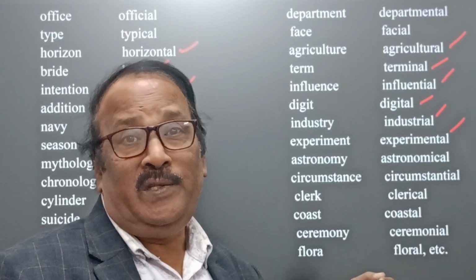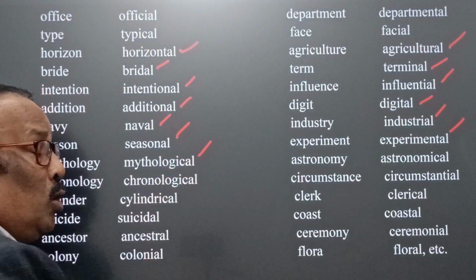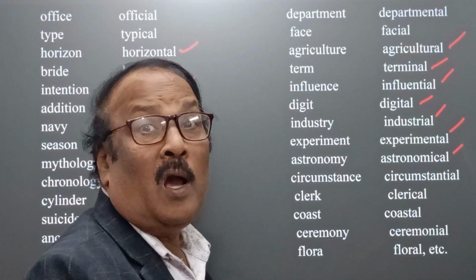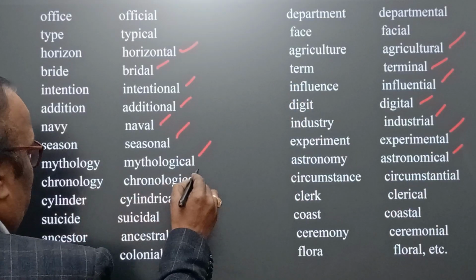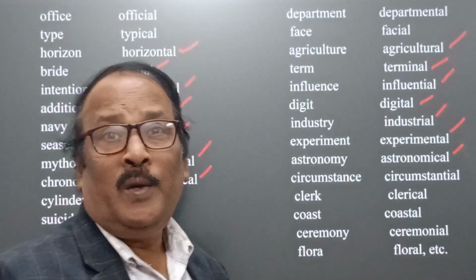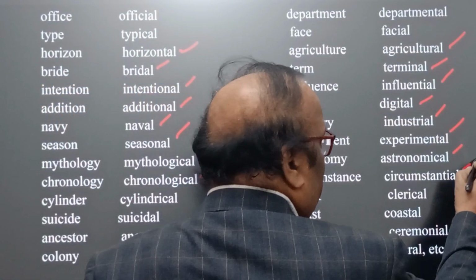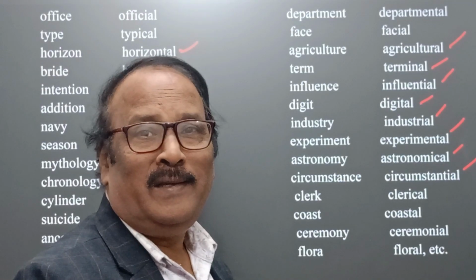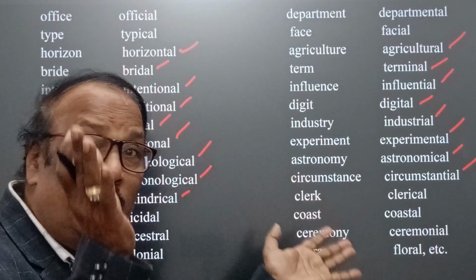Experiment, experimental, the experimental basis. Mythological character. Astronomy, yes, astronomical events. Chronological order. Circumstantial evidence, circumstantial witness, cylindrical object.